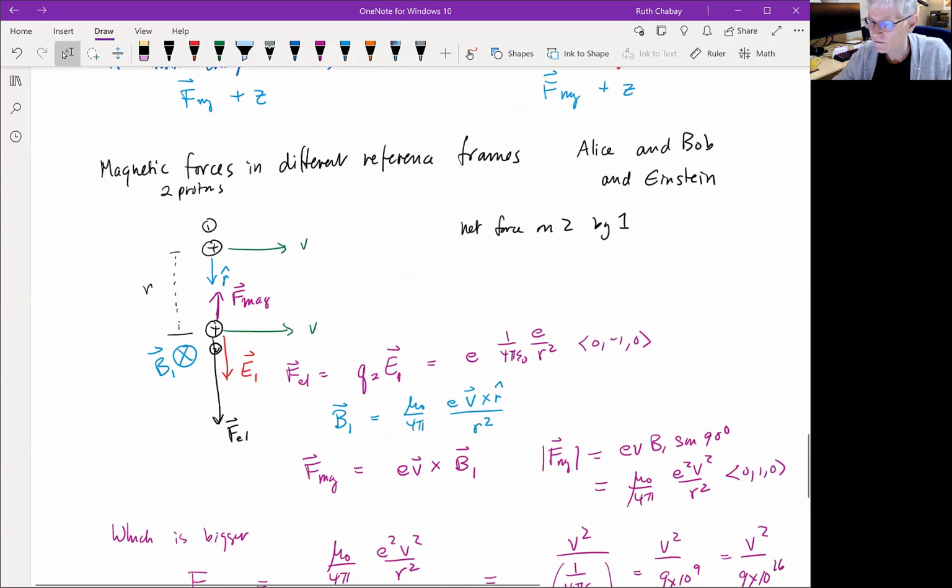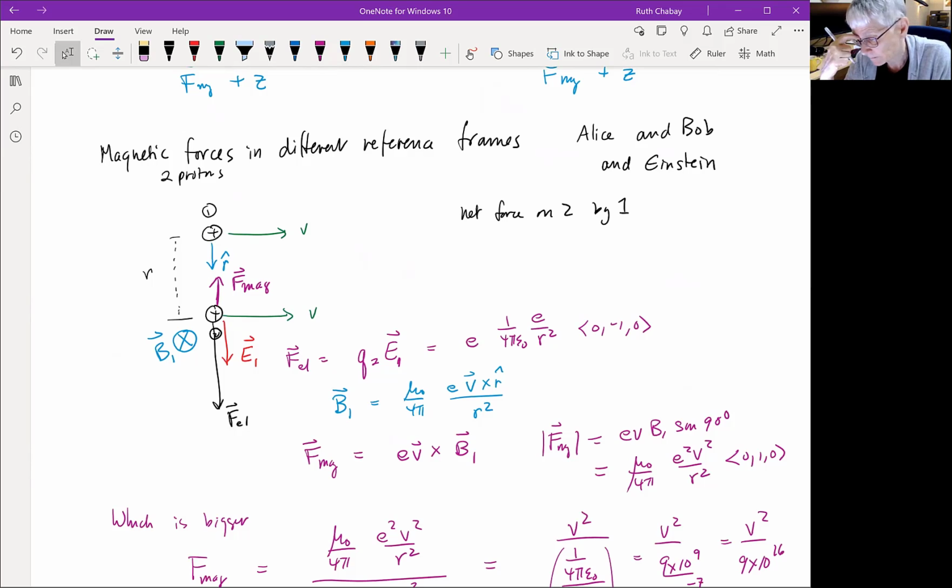Now, if we work this out for proton 1 on top, we find, of course, that the electric force on proton 1 is they repel each other, and proton 2 makes a magnetic field out of the page, as I draw it.